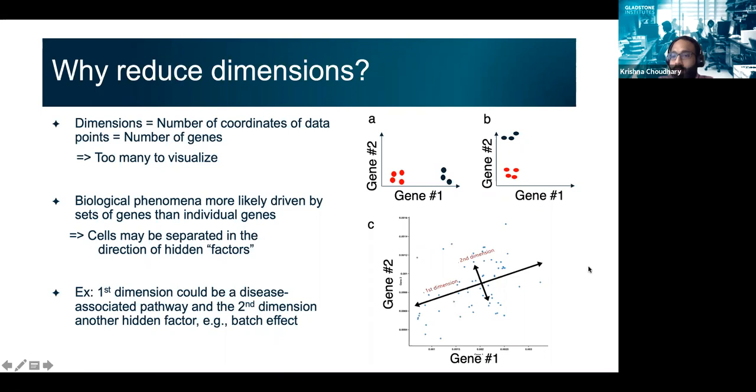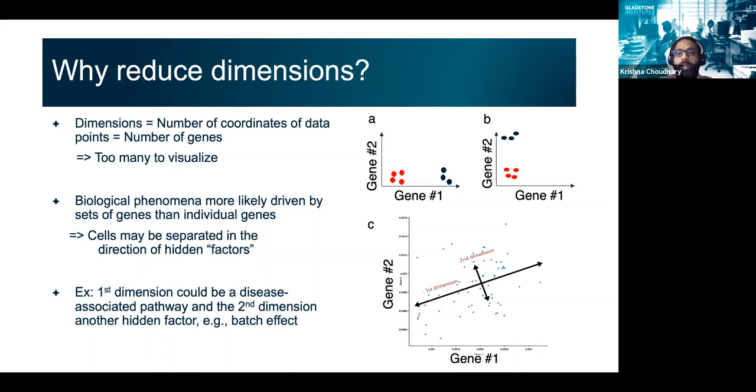In reality, it will seldom be that only one gene is associated with the biological phenomenon we are studying. It is generally a set of genes which are together participating in some pathway, or maybe they are associated by some GO term.